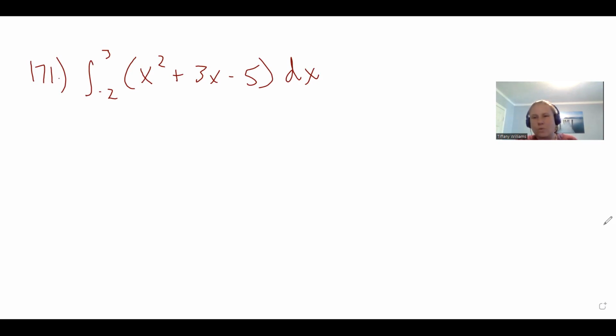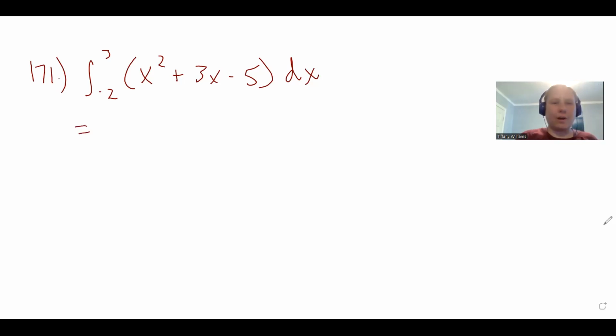Remember, to take the integral of x squared, you add 1 to the exponent, divide by the exponent that you have, and so on and so forth. I'm going to go through and do that, and then you just evaluate it from -2 to 3 by subtracting those two things out. And that's it. So here we go.